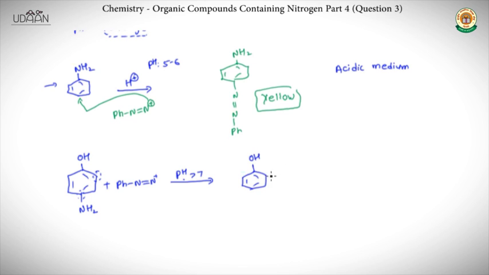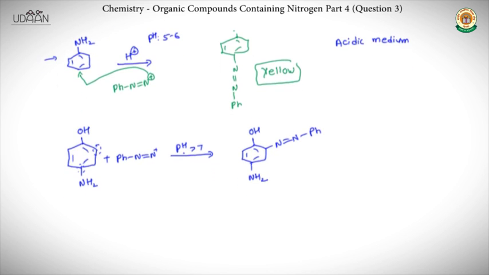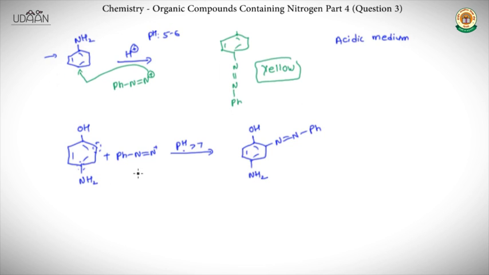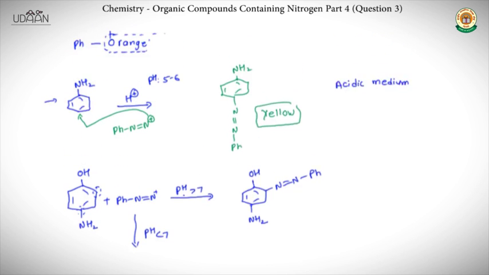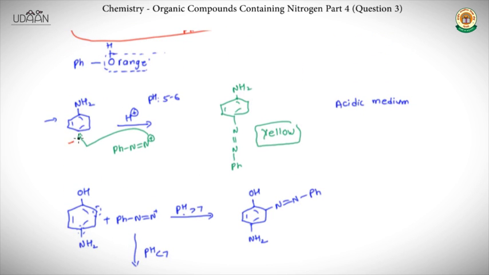OH and double bond N Ph and NH2 here. Now if you treat this with pH less than 7, that is acidic medium, you know that for this reaction you have either ortho or para products.